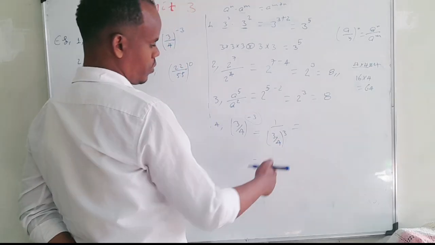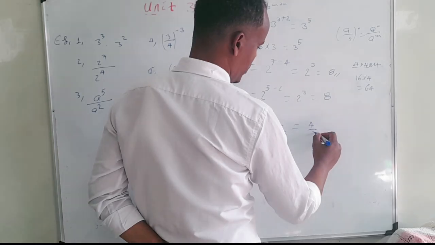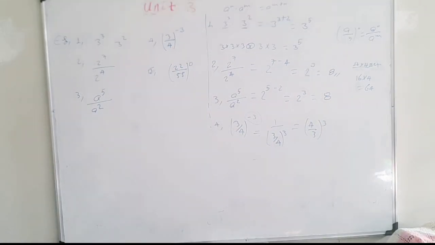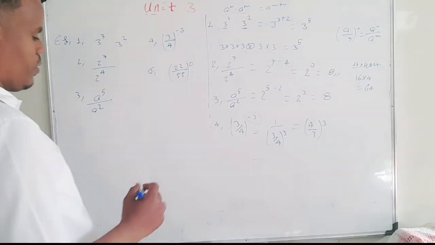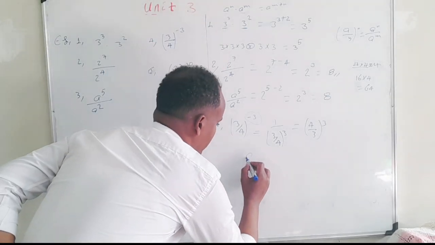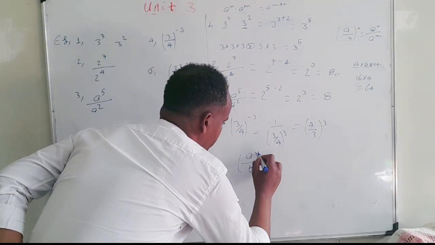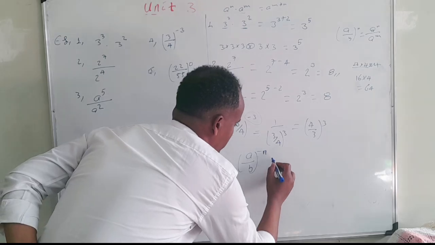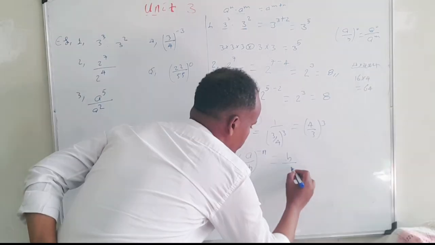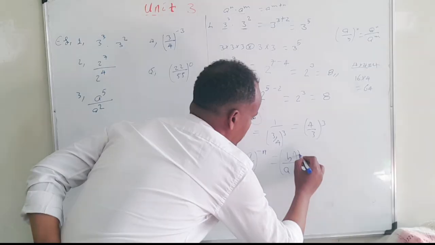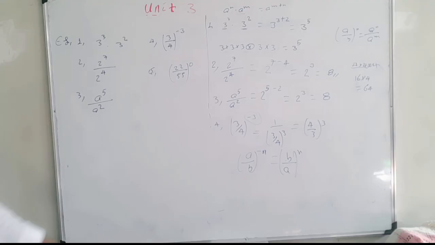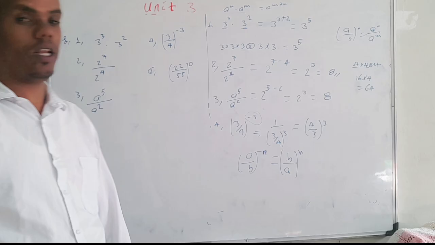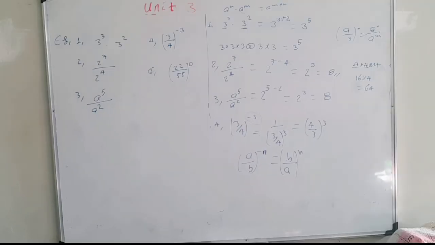So (a/b) to the power of minus n equals (b/a) to the power of n.